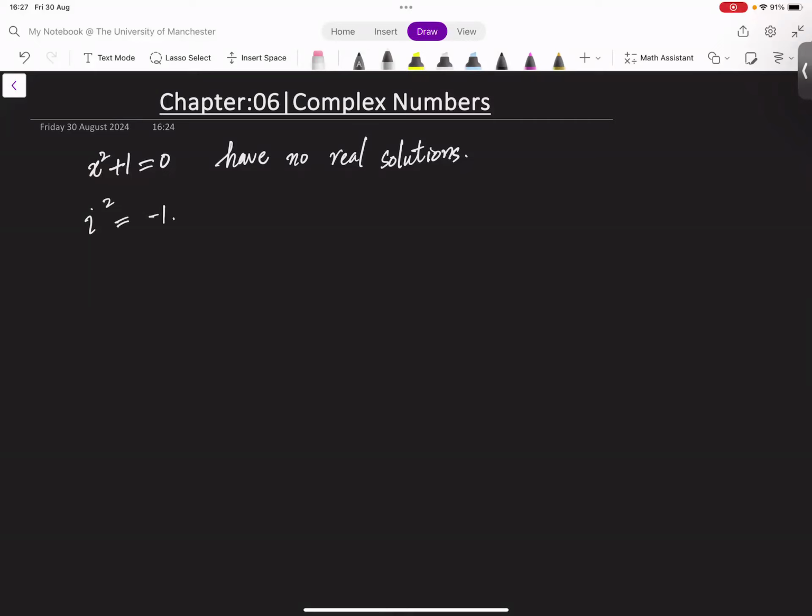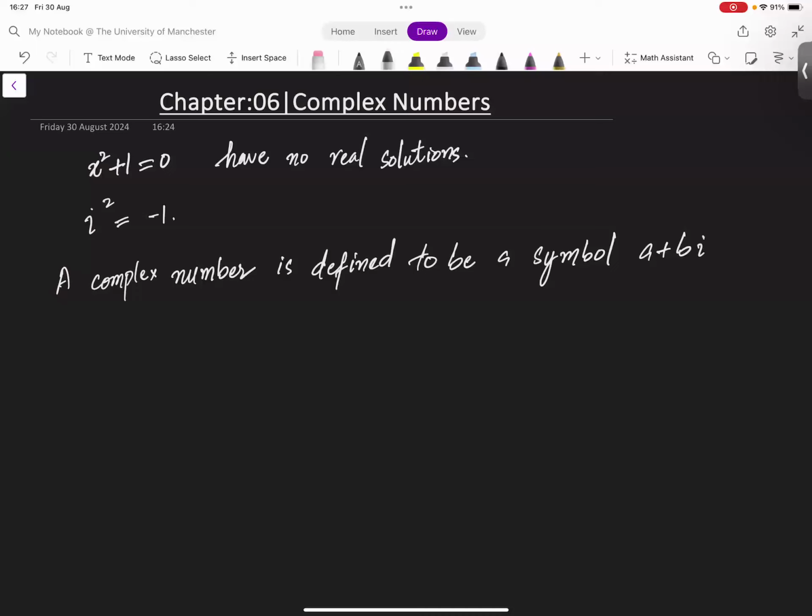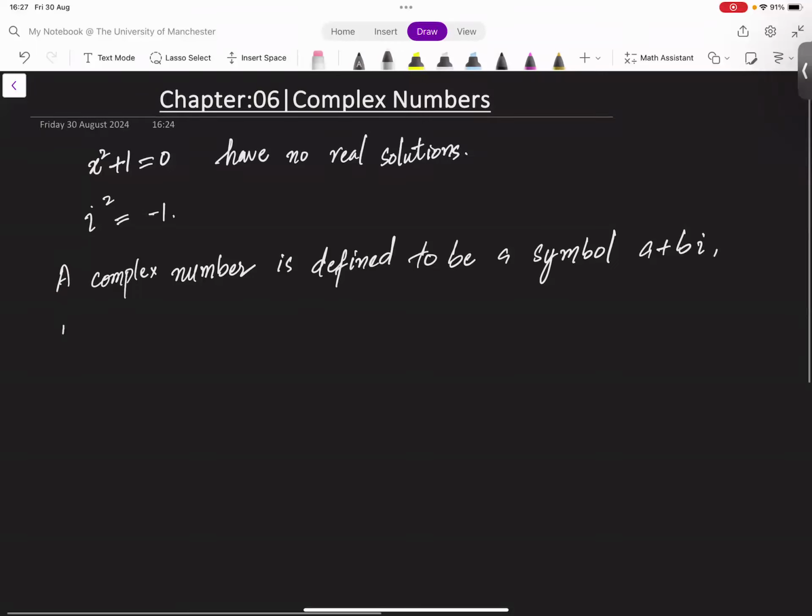Okay. Now a complex number is defined to be a symbol a plus b iota, where a, b are real numbers.